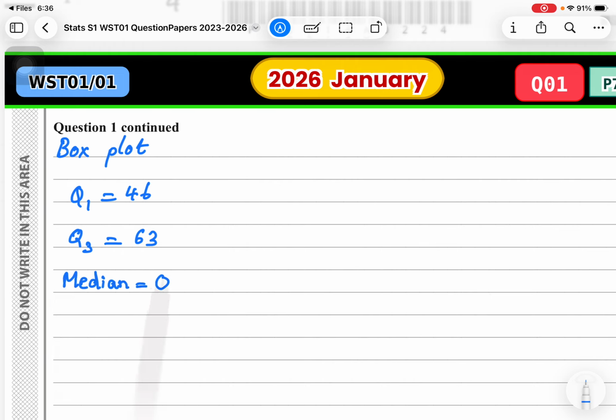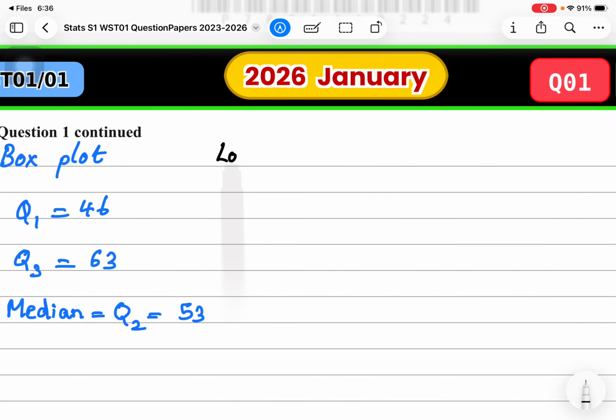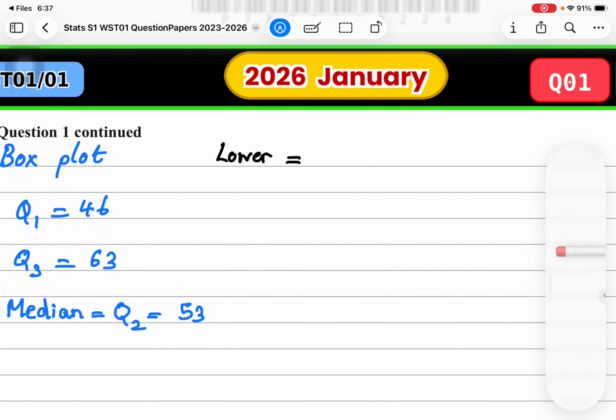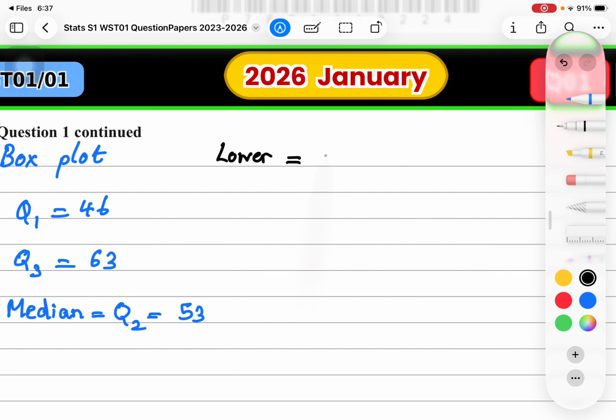Now let's check what the outliers are in this scenario. To get the outliers, we have to get the lower boundary. That's going to be Q1, which is 46, minus 1.5 times the interquartile range.